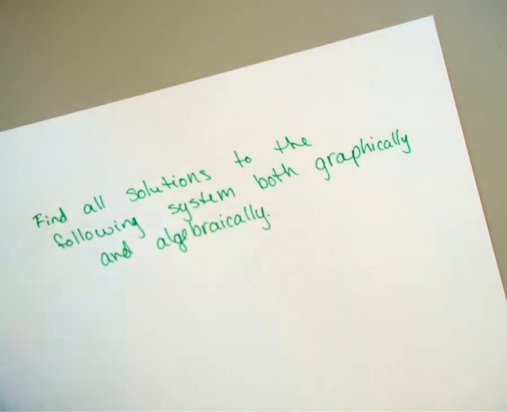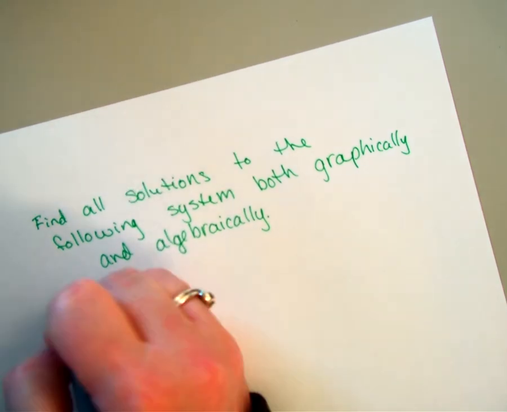So we have to do both. We have to graph it and we have to actually do our algebra work for this problem. So this time it's going to be a circle.